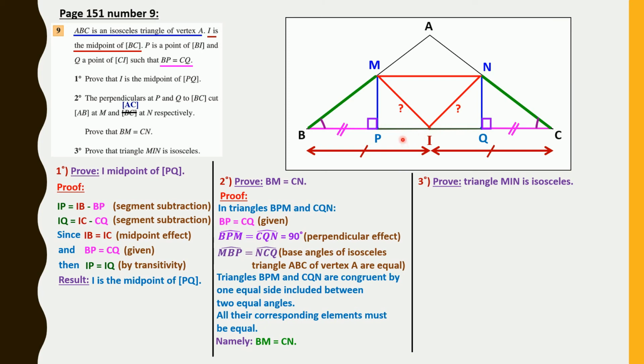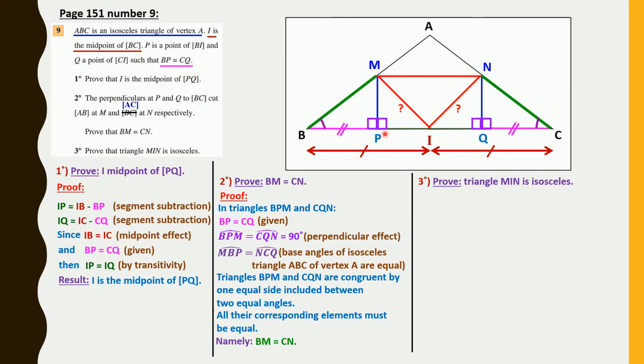First, we can say that angle IPM equals IQN equals 90 degrees, perpendicular effect. We can also claim that IP equals IQ, midpoint effect. We proved it here, I is the midpoint of PQ.